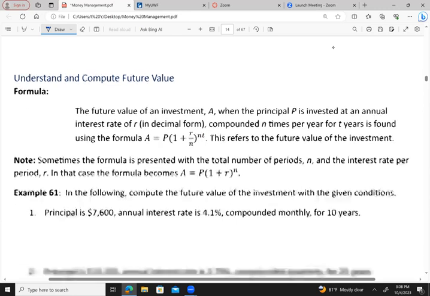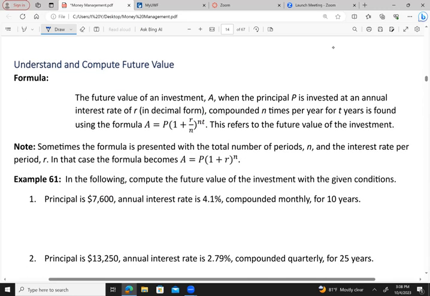This refers to the future value of the investment. Sometimes the formula is presented with the total number of periods N and the interest rate per period R. In that case, the formula would simply be A equals P times 1 plus R to the N.